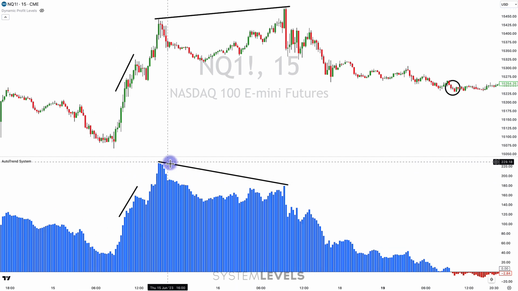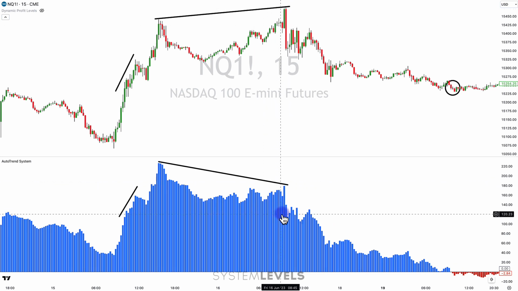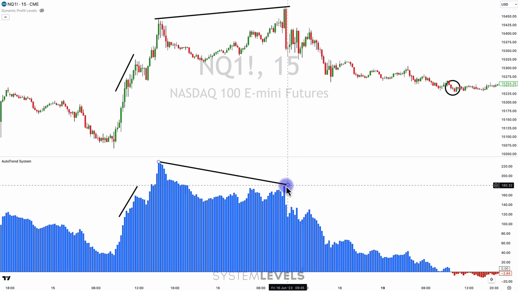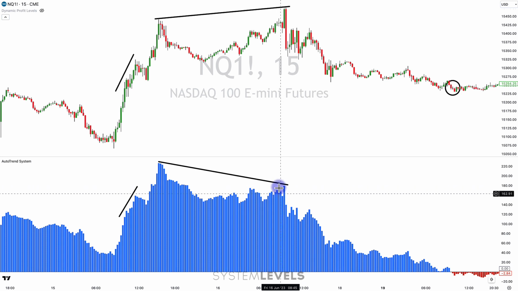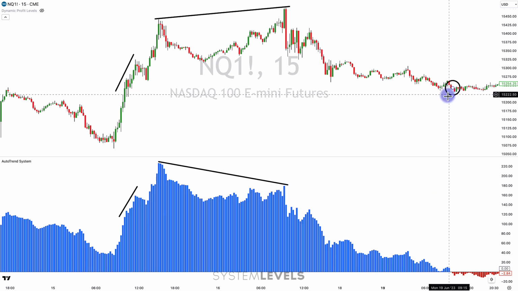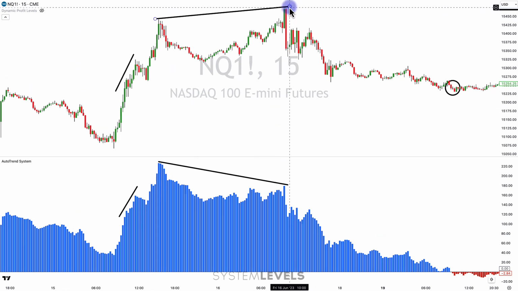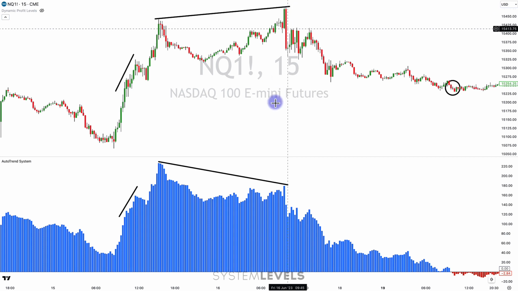But with the AutoTrend system, it's much more rare to see them on your chart. When they happen, it's for a very good reason. It's because the momentum is really going down, not just by a little bit, but by a lot. The AutoTrend system will be slower to change its signals, but when it does, it has a lot more conviction. So you can take these divergences with a lot more certainty behind them.